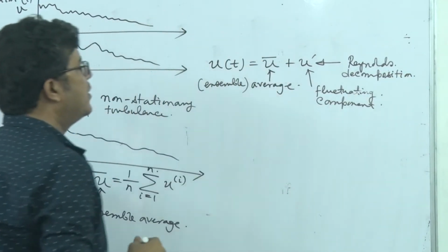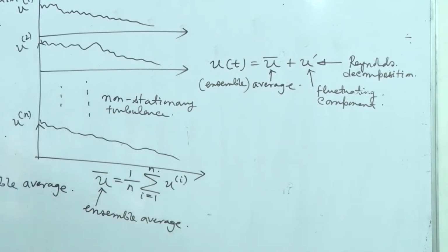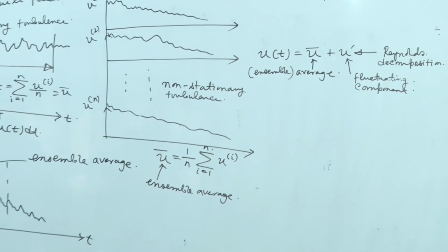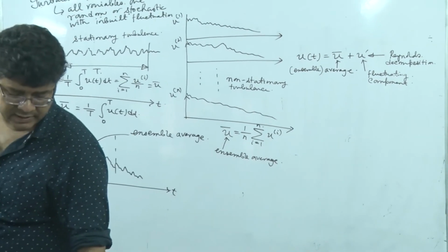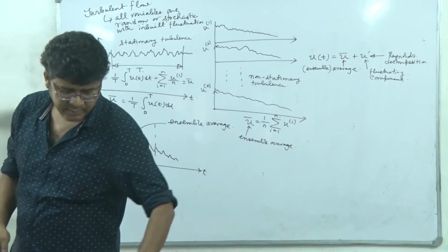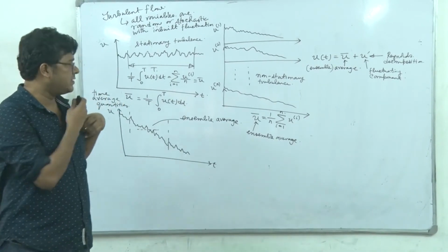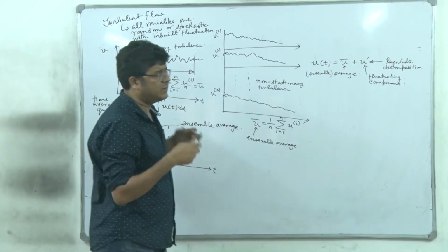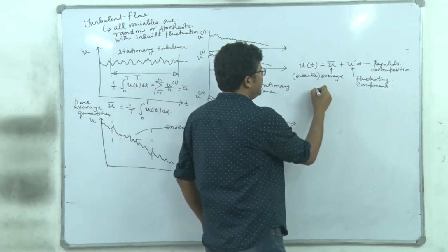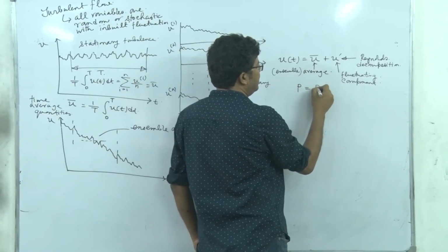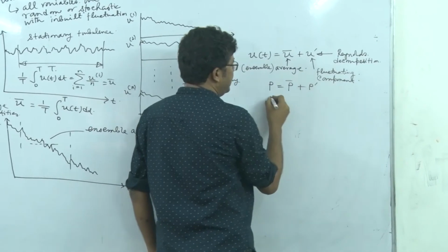Okay. So all fundamental quantities, like temperature, pressure, everything, whatever you can think of as a fundamental hydrodynamic quantity, we can write as T bar plus T prime.